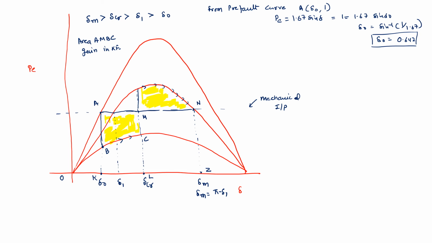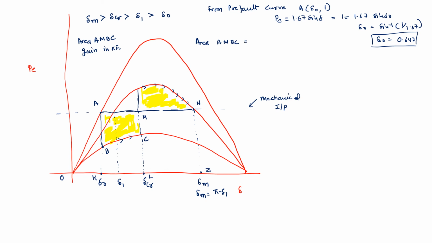So this area AMBC, I can calculate as the area of this rectangle. Let me show the rectangle. This rectangle AKLM minus this area BCKL, I will be able to get this area.